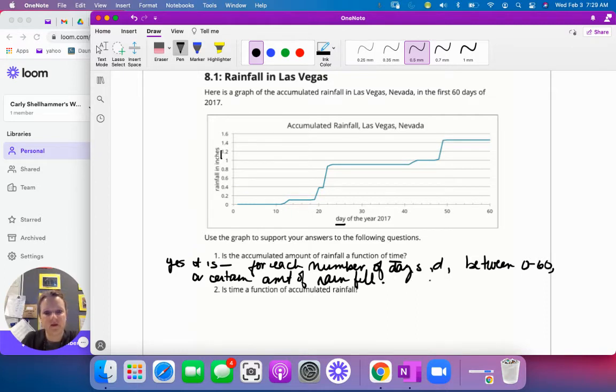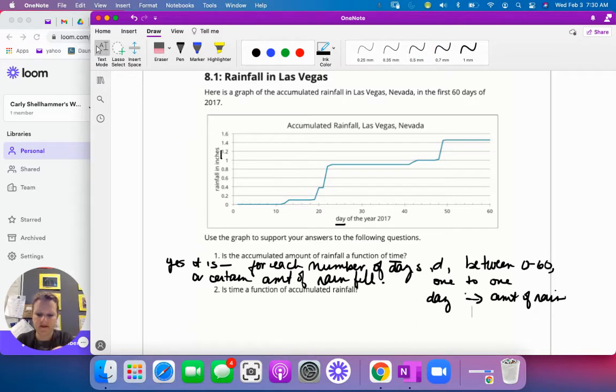Okay, so I've always said 1 to 1. So we can say for one day, there is one amount of rain. Okay, one day, one amount of rain. Okay, that's 1 to 1.